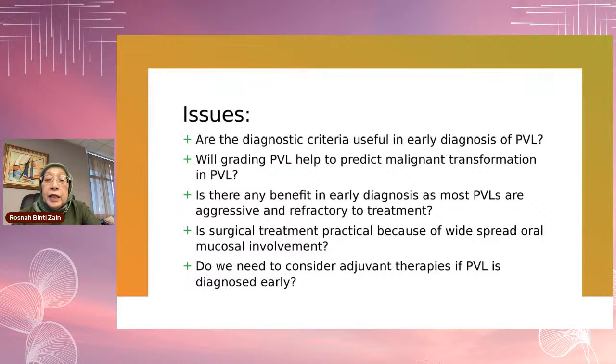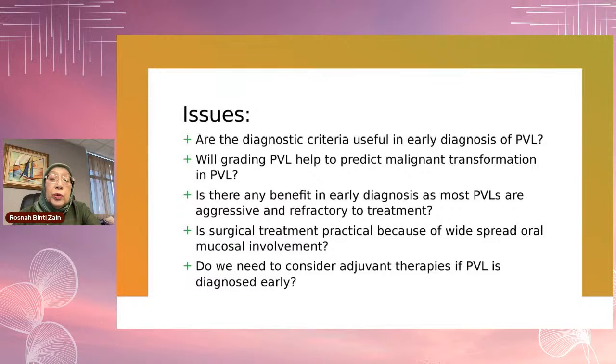Is there any benefit in early diagnosis, as most PVLs are aggressive and refractory to treatment? Again, I think we need to look at all the treatment methods to be able to answer this. And I think yes, definitely there would be a benefit because you will ensure that you detect all these lesions early and you take treatment. And is surgical treatment practical because of widespread oral mucosal involvement?